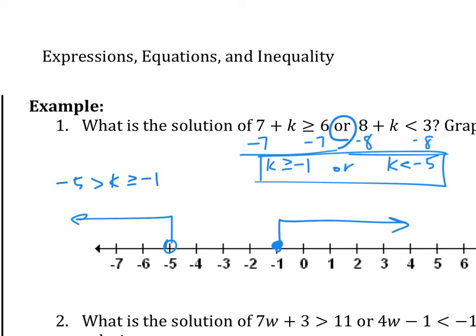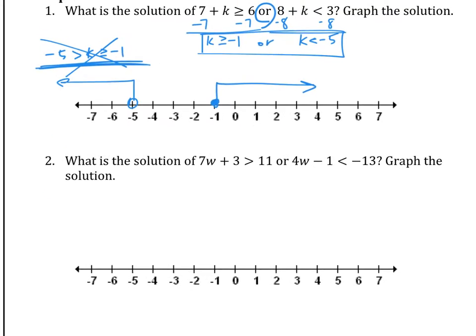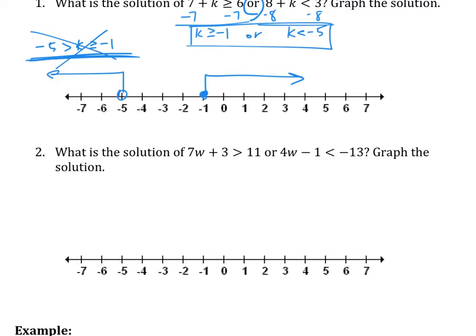Can you think of a number that's smaller than -5 and greater than -1? That is impossible. So you cannot write it like this. If you write it like this, you're saying there must be a number that exists in both conditions, but that is impossible. So that is the definite wrong way to write this. So please be careful. All right, let's have you pause this video and try number 2.